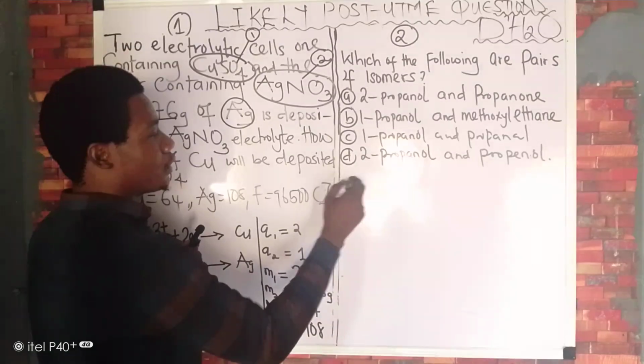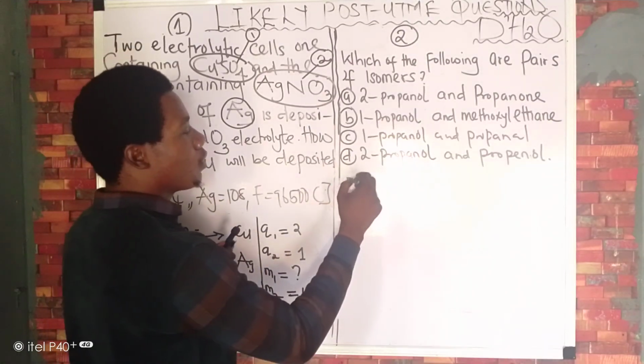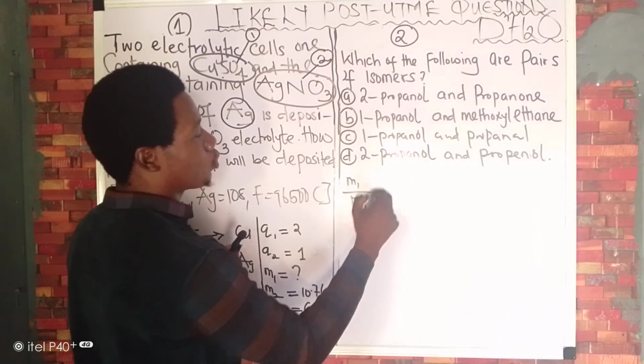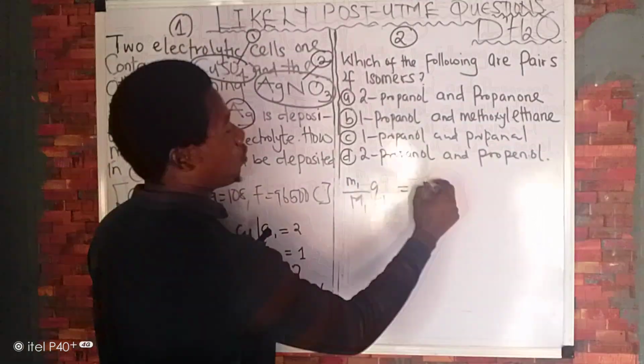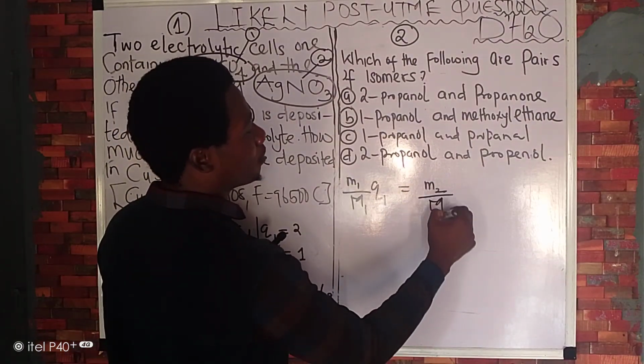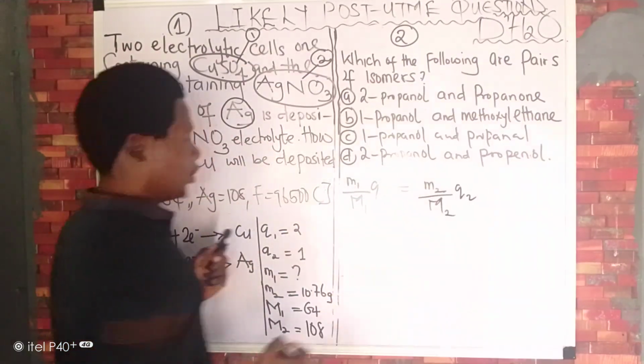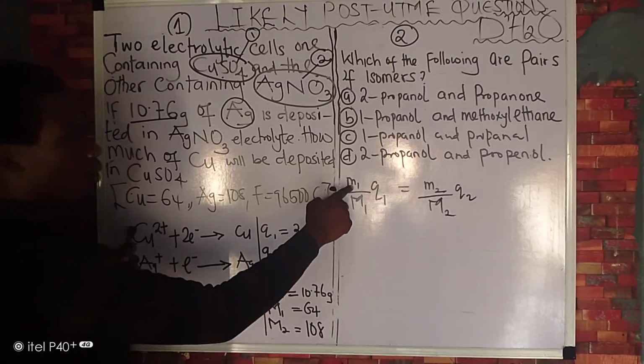Remember, I told you that from Faraday's second law, M1 over the molar mass 1 times the charge is equal to M2 over the molar mass 2 times the charge. We are looking for M1.